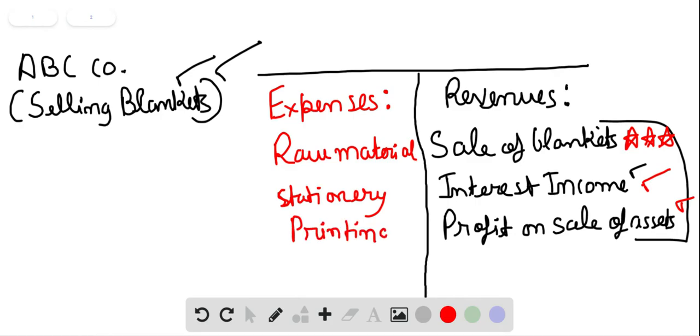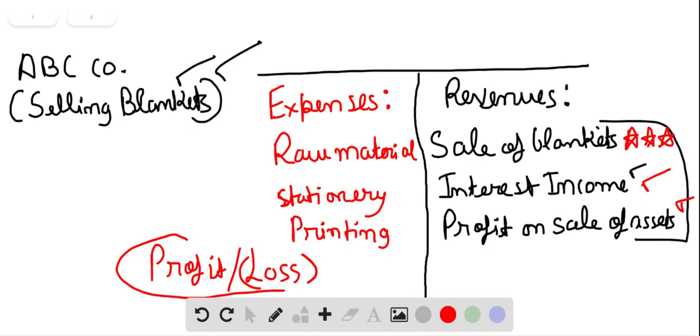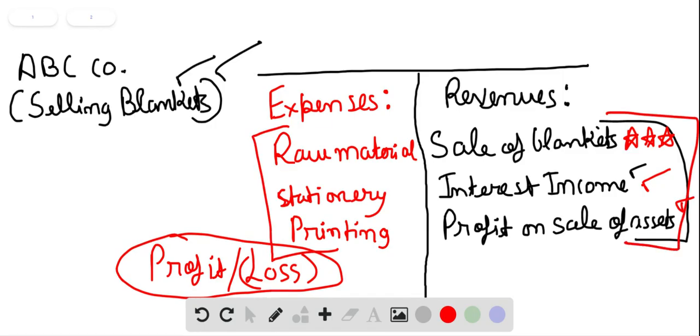Now what happens after writing such a statement, we end up with profit or loss. Before deriving this profit and loss at this statement level, we close down these expenses and these revenues to income summary.